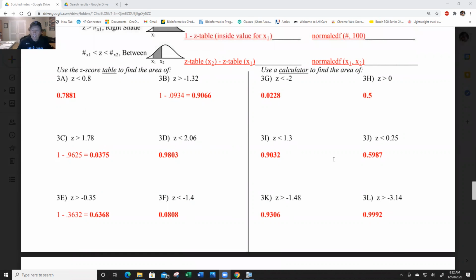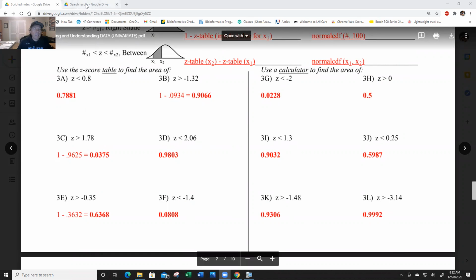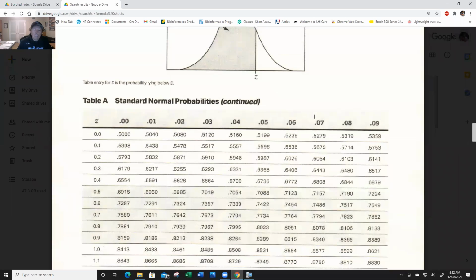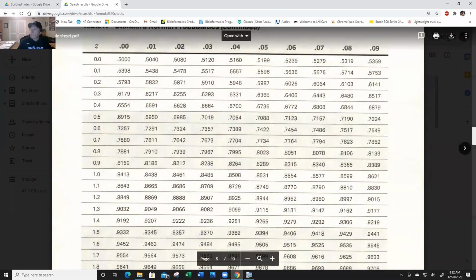I'm going to go to my table, and I'm going to look up 0.80. As you can see, for 0.8 and then 0, it is 0.7881. And that makes sense. I'll draw a quick picture on the screen here.